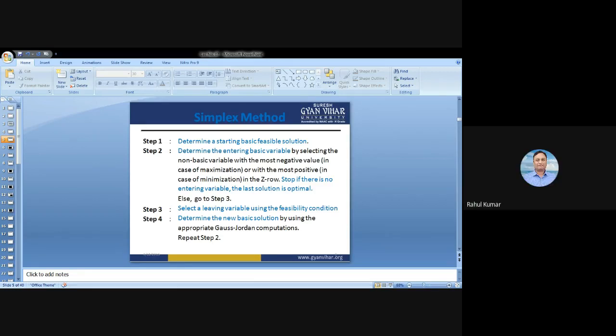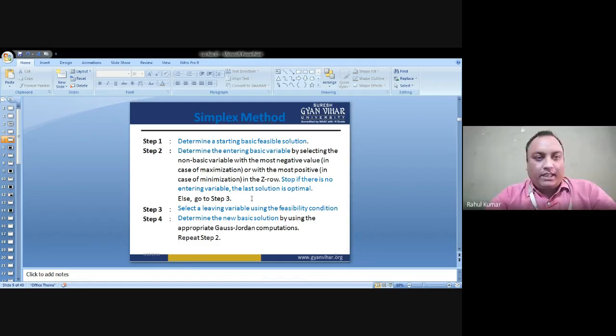In the other case, a minimization problem, you will take the most positive value in the Z row. Stop if there is no entering variable, as the last solution is optimum. Otherwise, go to step number 3.